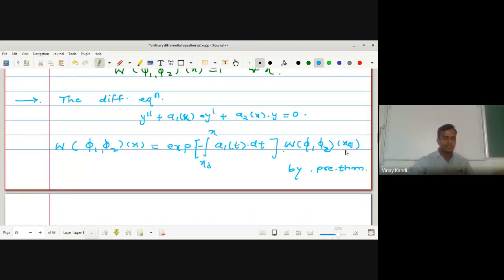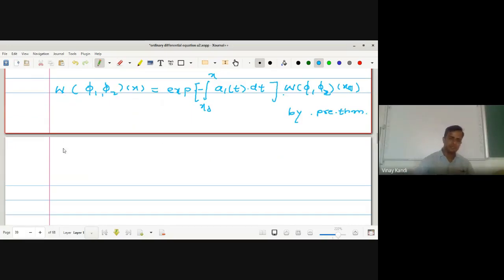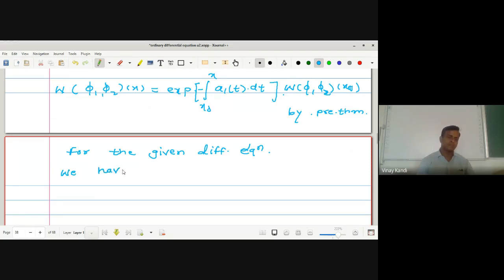For the given differential equation, we have a1 of x. What is the value of a1 of x?